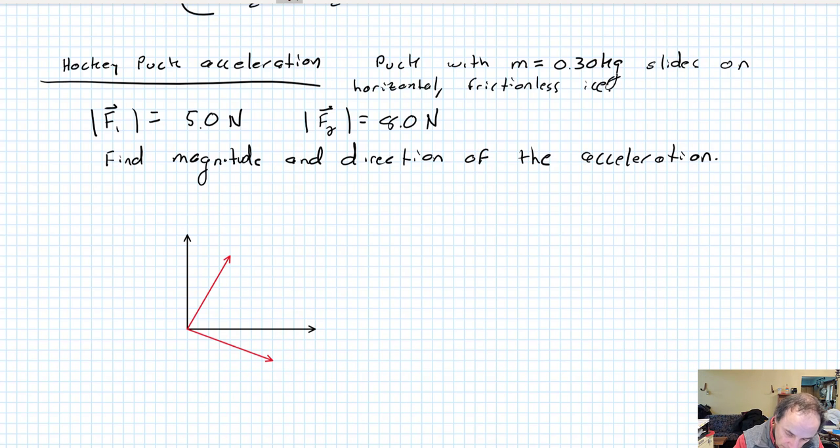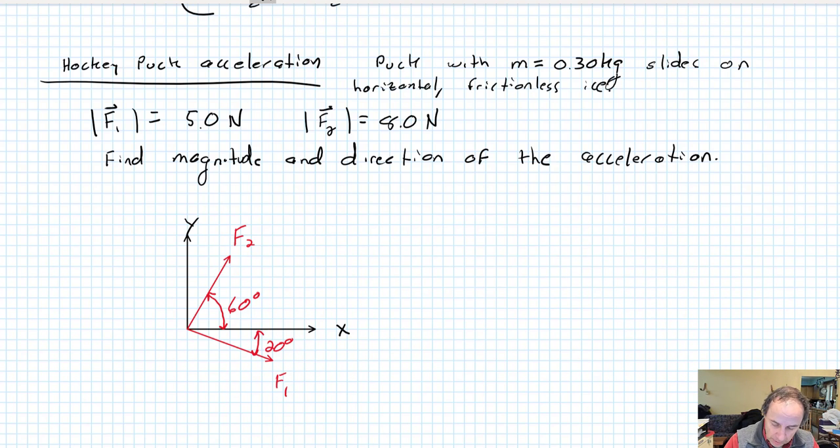So this angle is 60 degrees for F2. This angle for F1 is 20 degrees. This is our X, this is our Y. Okay, so we have the directions and we have the magnitudes of the forces.